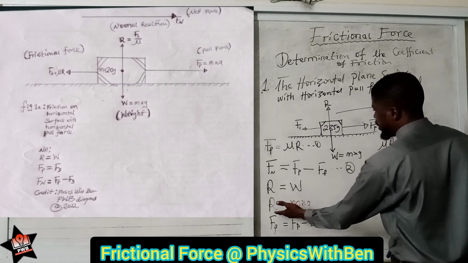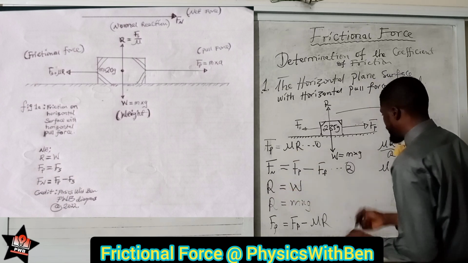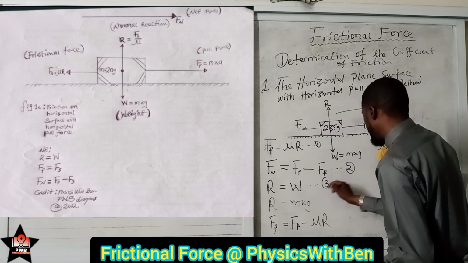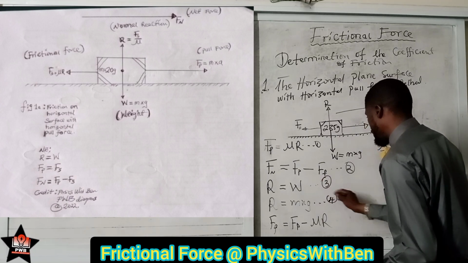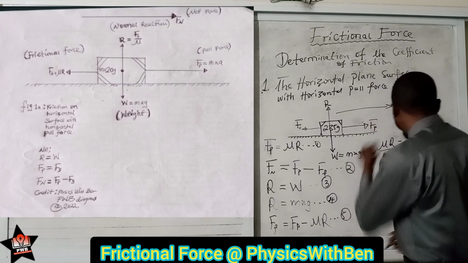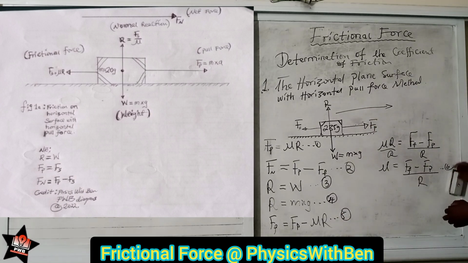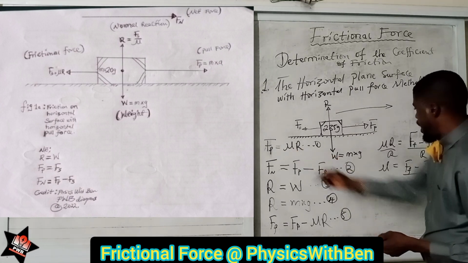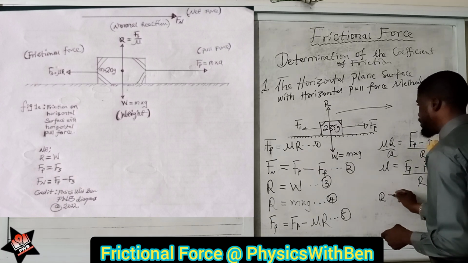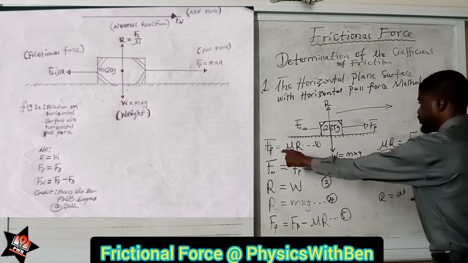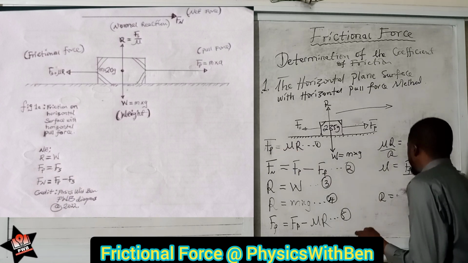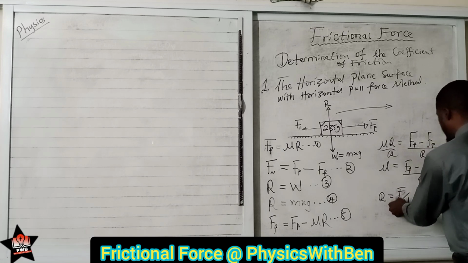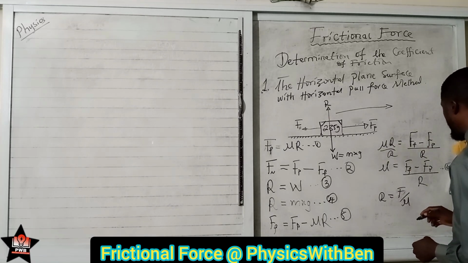From here we can still write this equation 3, equation 4, equation 5, and this is equation 6. We can still derive another equation by writing. We know that R from here, R is equal to frictional force all over mu, and that will give us what?